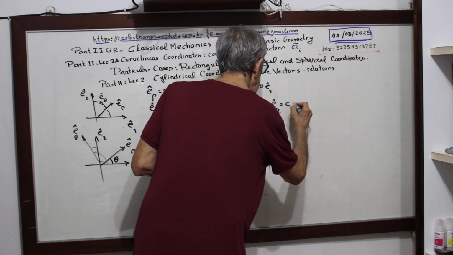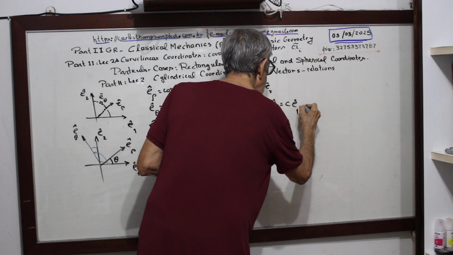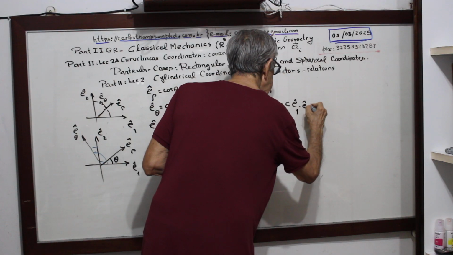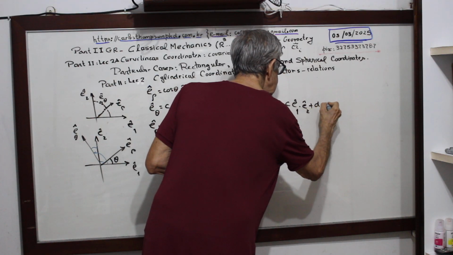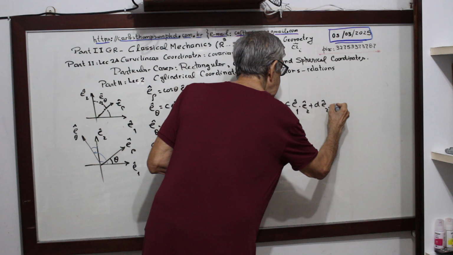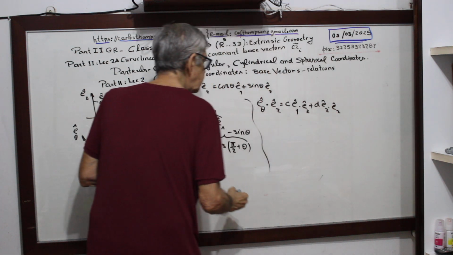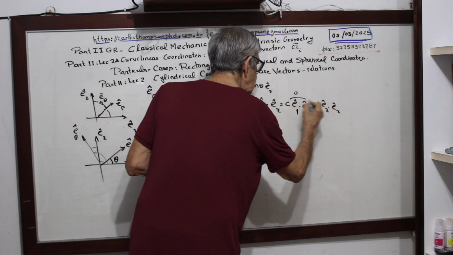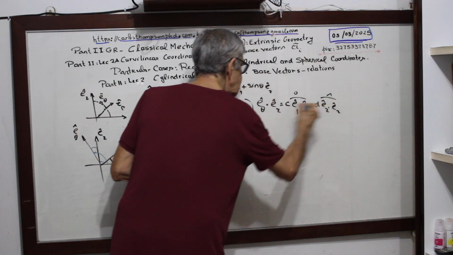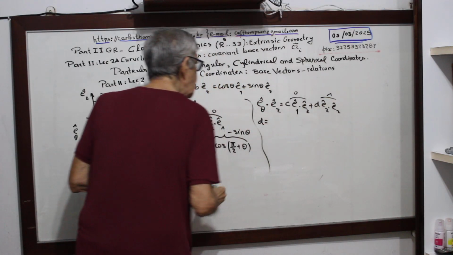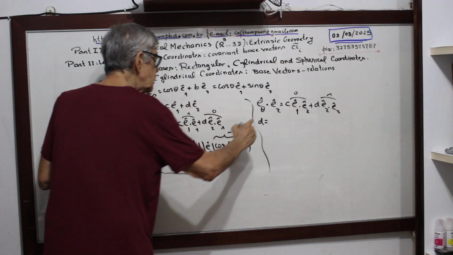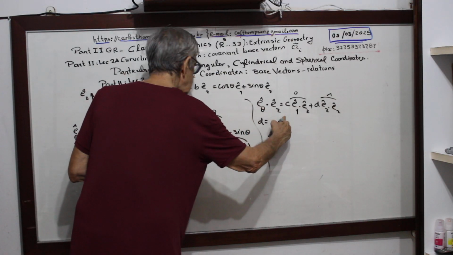C E1 dot E2 plus D E2 dot E2. This is 0, this is 1. So D is equal. Now, what is the angle between E sub theta and E2?